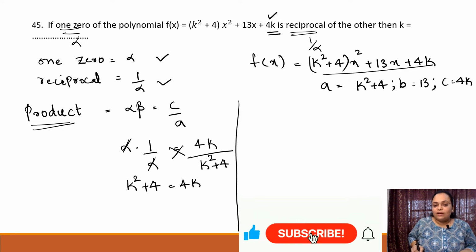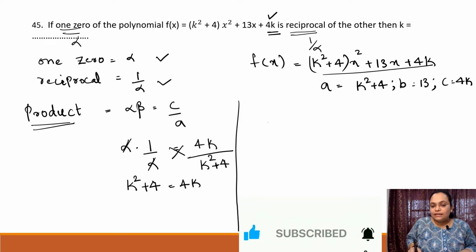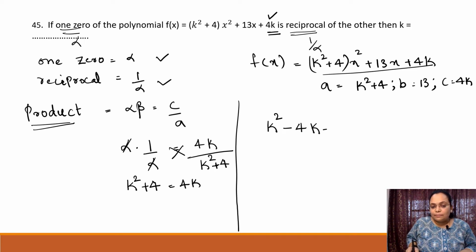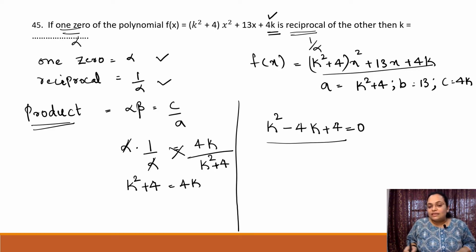If you get all the terms to one side, that will be k square minus 4k plus 4 is equal to 0, right? So if you see, this is in the form (a minus b) whole square, that is a square minus 2ab plus b square.